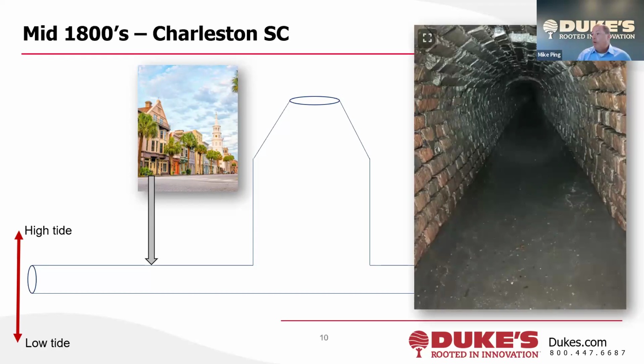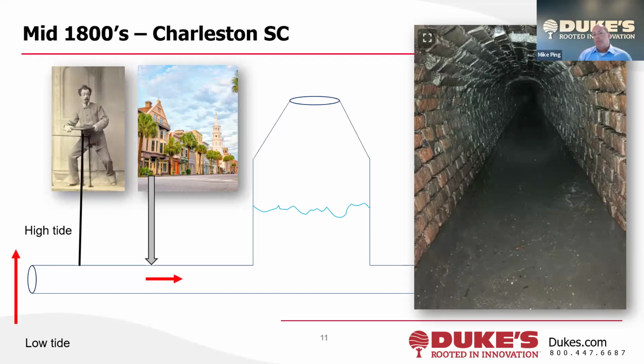Here's a photo of one. That's a current photo of the one in Charleston. It's called the brick arch system, right? So that's literally a photo of the inside. And how it would work is, beginning at low tide, the ocean would come up and fill the system.